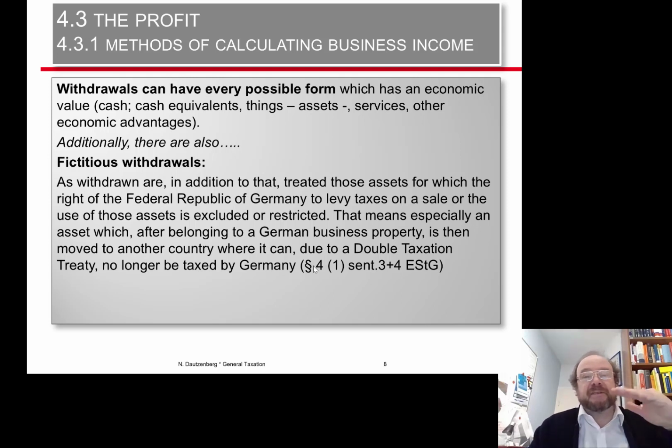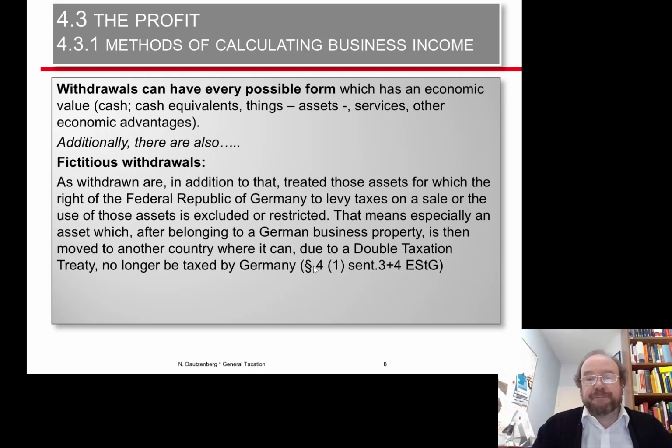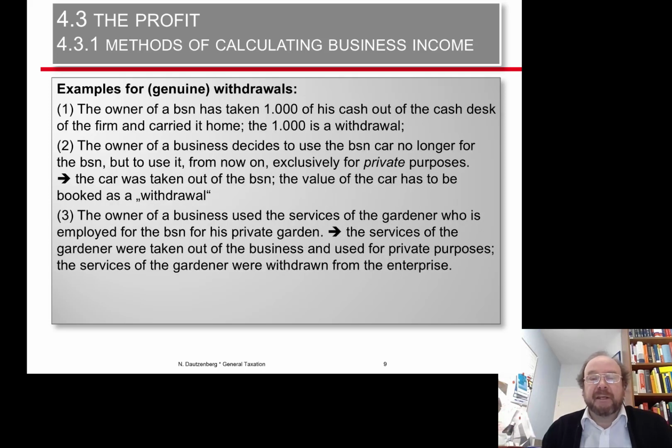That you took out the 20,000 was not a loss, it was just a transfer to another sphere. And so you also have to correct this as a withdrawal if you shift something to a tax-free part of your enterprise, because otherwise the real increase of property which happened during the year would not be measured correctly.